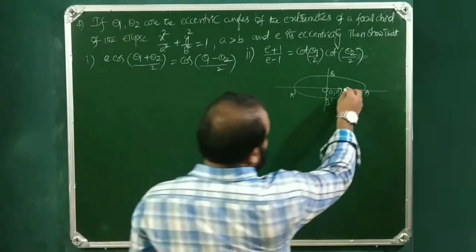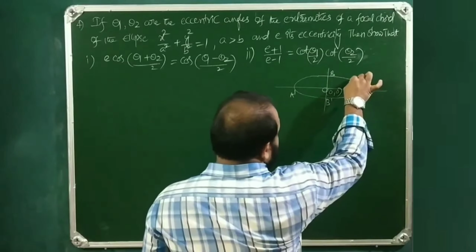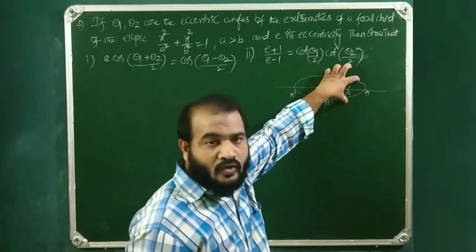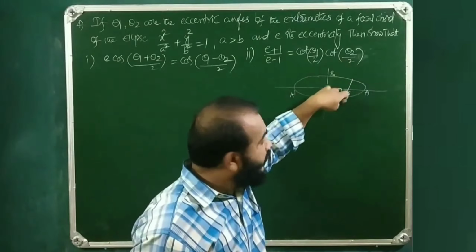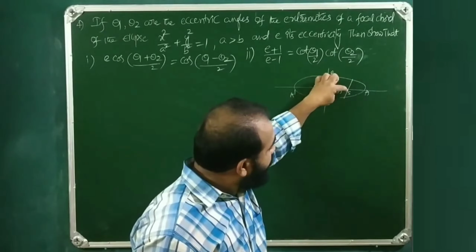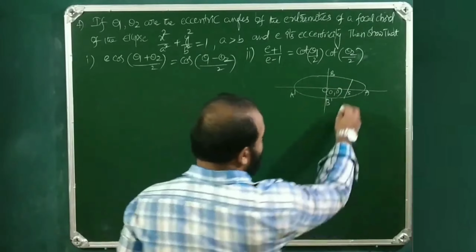Now, let us suppose that this is S, our focus, and this chord is passing through it. What is a chord? The line joining any 2 points of the ellipse. And this chord is passing through the focus, therefore it is said to be a focal chord. So, what is S here?